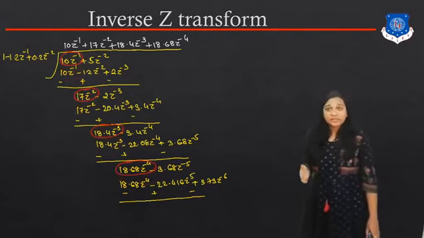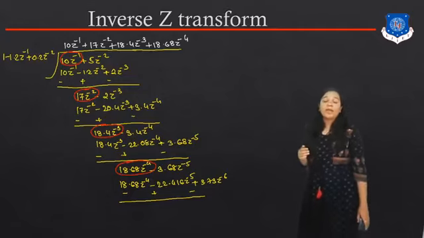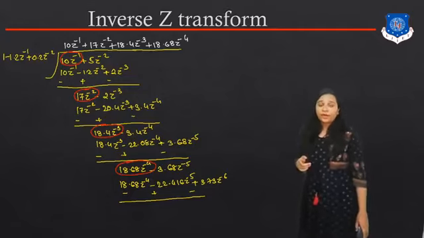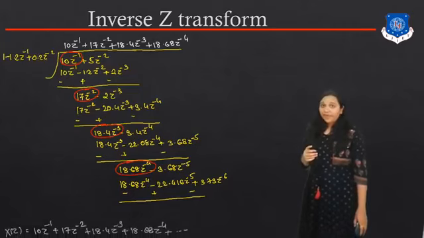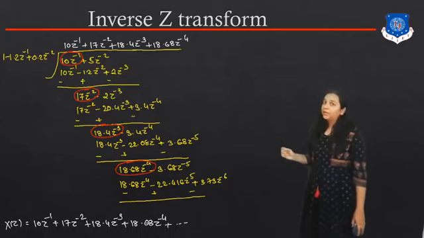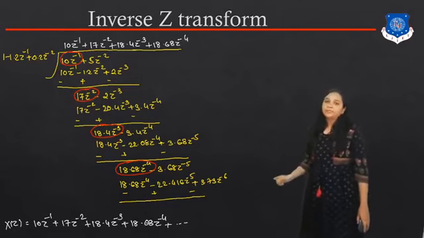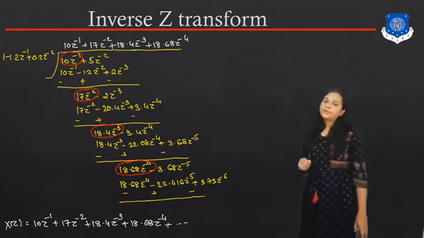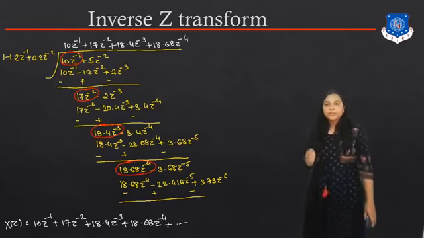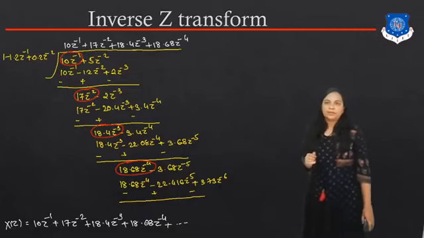Now our question is to find the value of x of k. For that, X of z is nothing but 10 z to the minus 1 plus 17 z to the minus 2 plus 18.4 z to the minus 3 plus 18.68 z to the minus 4.